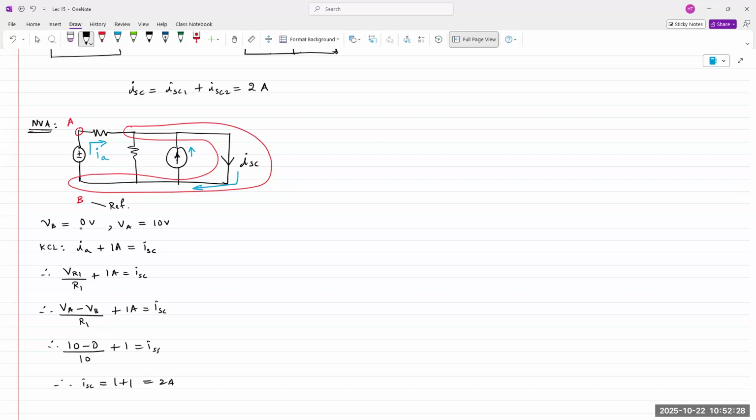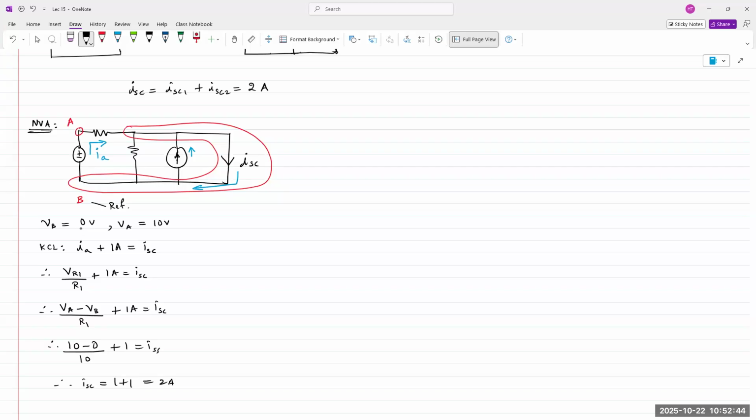Well, ISC, it's a good question. The question being asked is, if we use mesh current analysis, then wouldn't ISC simply be the 1 amp current source? Not really, because that current source is in a shared branch.